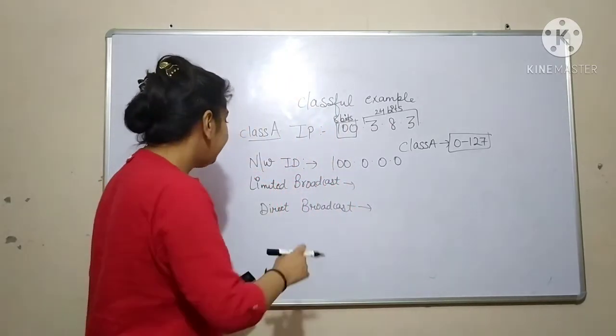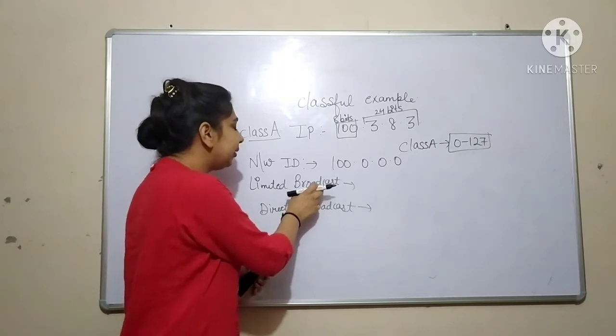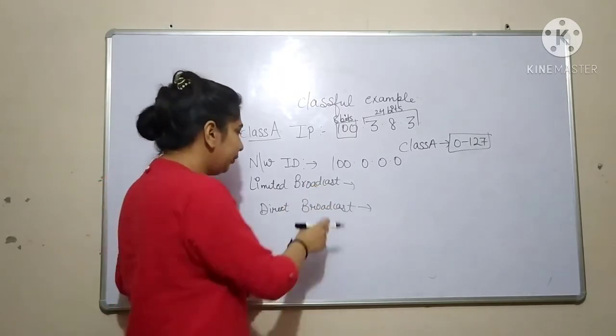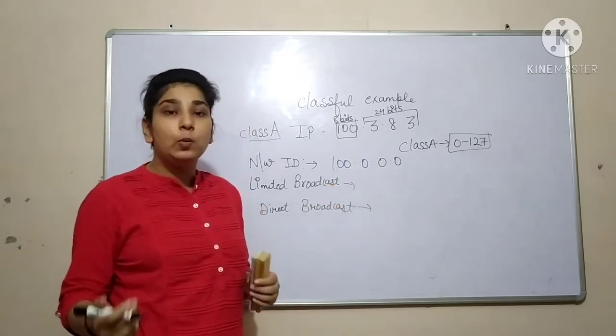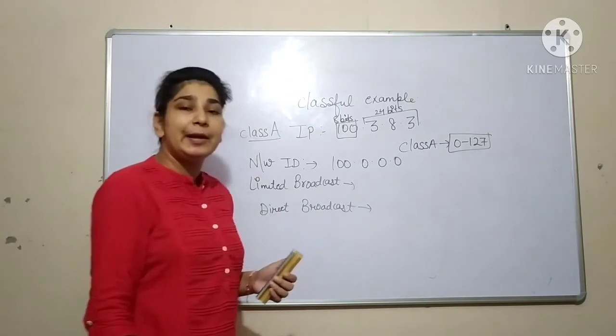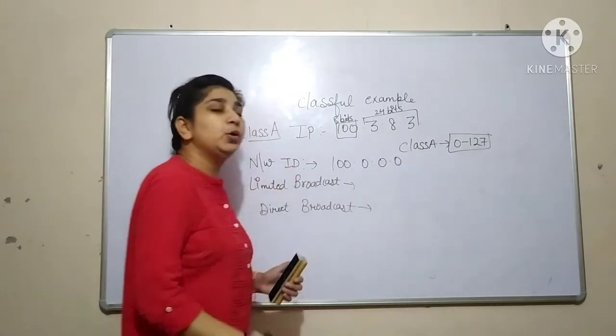So, limited broadcast is if you have to find the limited broadcast address of any IP address. How you can find out? Put all ones in the 32 bits. We have a 32-bit IP address and put all ones in the 32 bits.